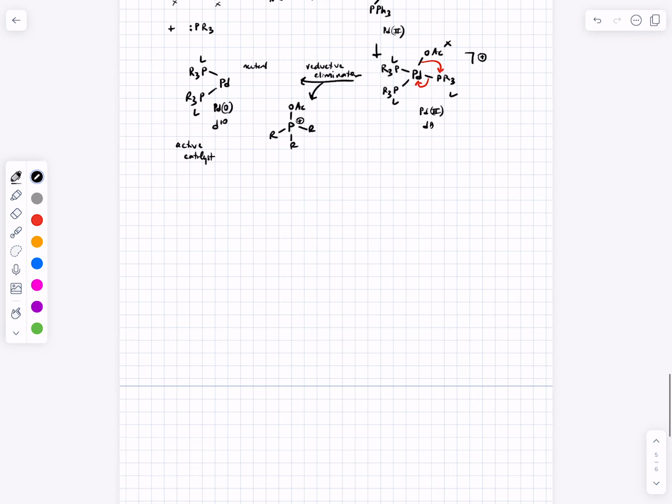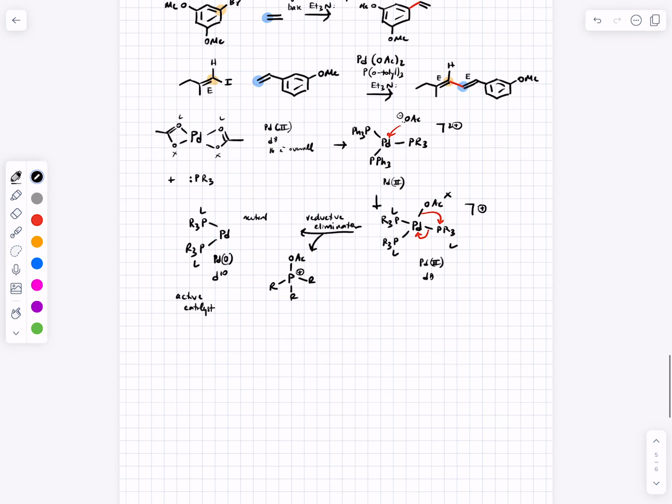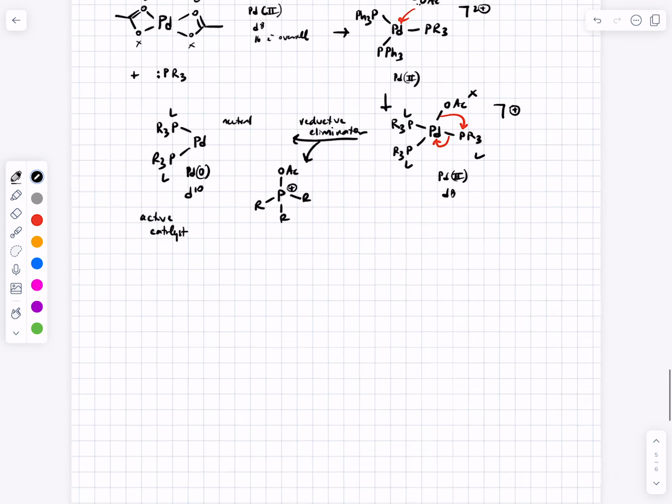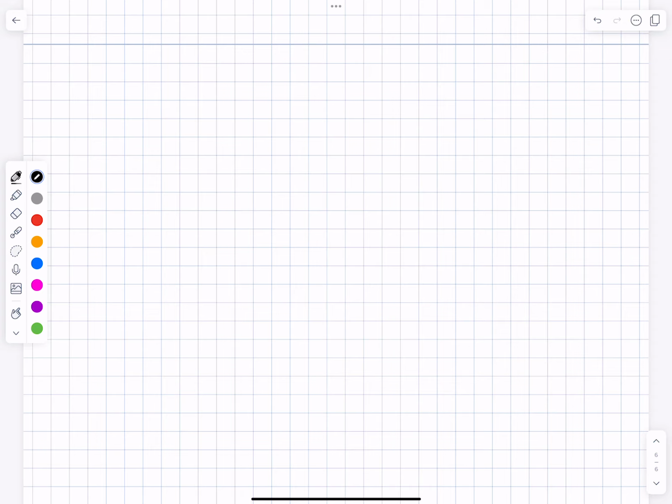All right, with that in mind, let's draw the catalytic cycle for the Heck reaction. I'm going to need a new page to do this. We start with the palladium 0 bound to the 2 phosphine ligands. And we're going to do an oxidative addition step.